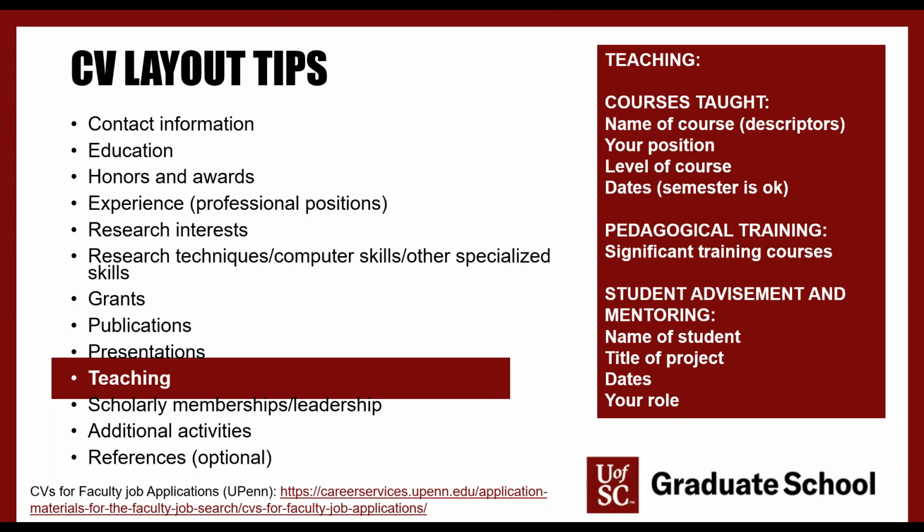And so you'll want to make sure that you're clear about the level. And then dates. And semester is okay. So you can say fall 2019 semester for the course. And usually this information is organized by semester or by courses, depending on the breadth of your experience.